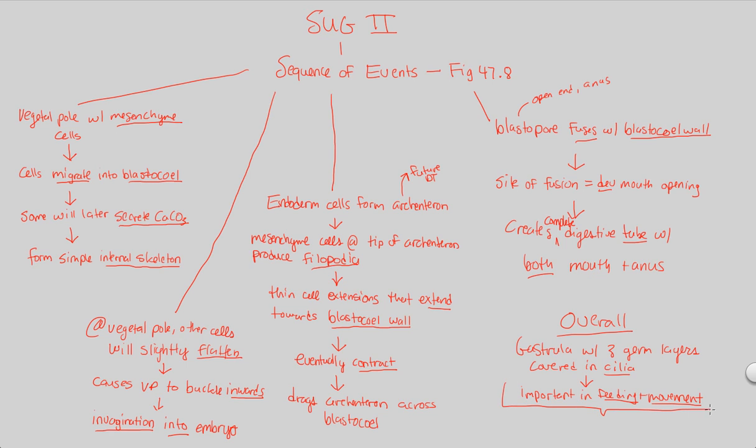And then finally, I want you to remember about sea urchin gastrulation that all of this development is happening externally. Why is it happening externally in sea urchins? That's because they fertilize their egg, sperm and egg, externally, outside of the parent.